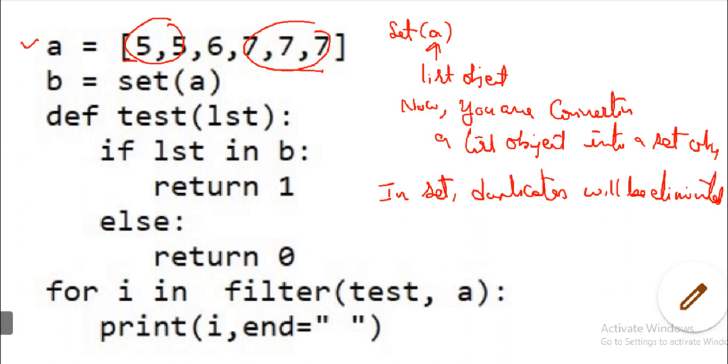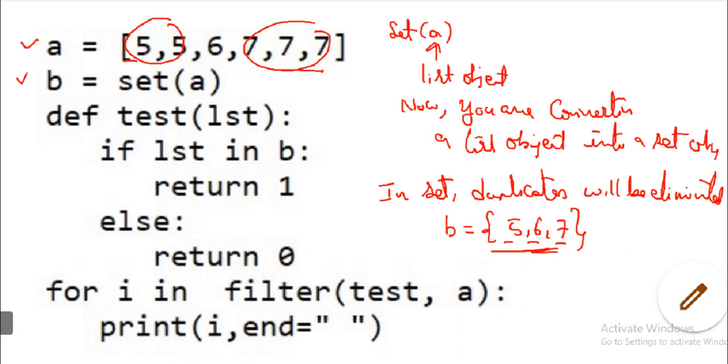So in this set b, 5, 6, 7 only will be there. You will not have 5 two times or 7 three times, because in a set duplicate elements won't be accepted. All the duplicates are eliminated and only unique elements are maintained in the set. So b is equal to 5, 6, 7 only. Okay, so this is about the conversion from a list to a set.